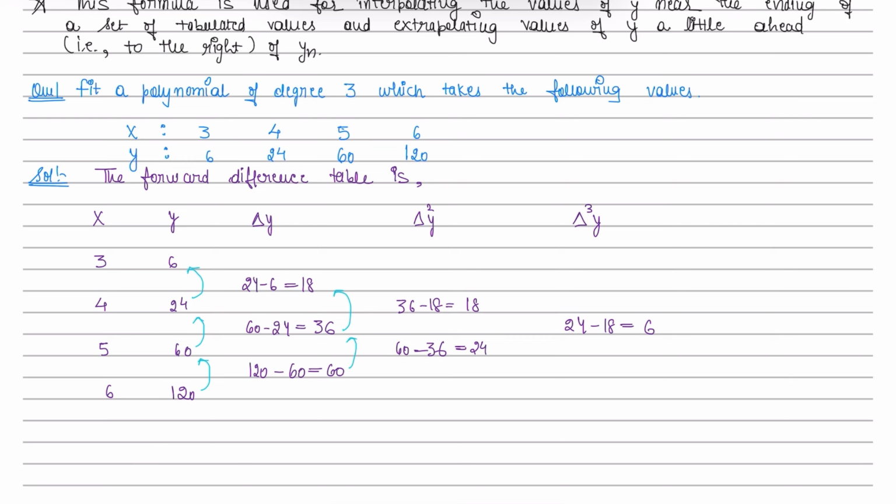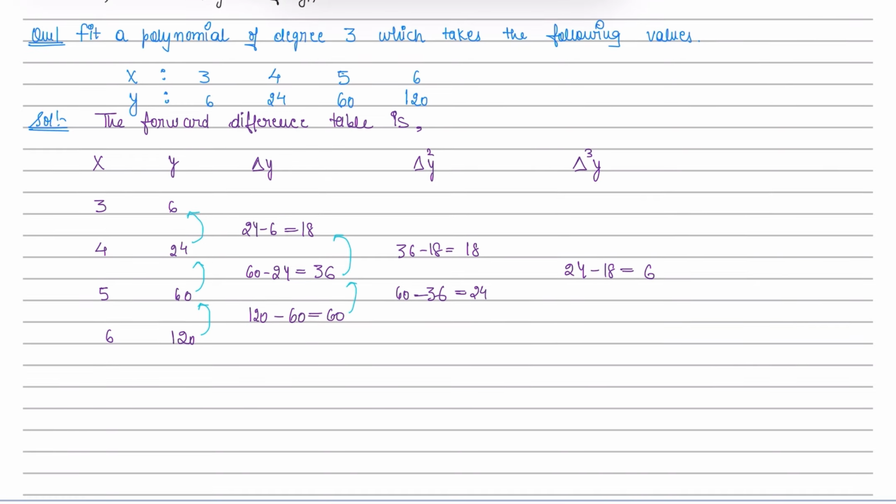This is my forward difference table till now. From this table, we can see that the value of x0 is equal to 3 and the value of h is always 1 here. The corresponding y0 value is 6. Then forward y0 is 18, forward square y0 is 18, and forward cube y0 is 6.